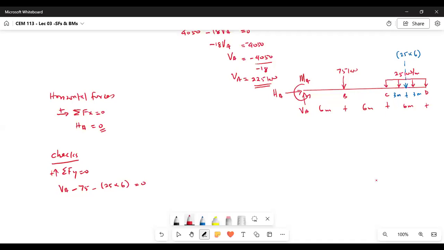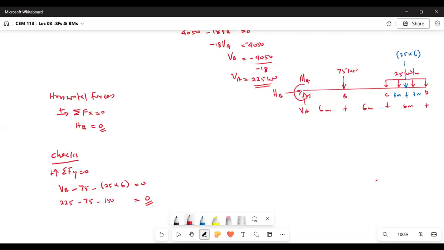That's all. Should give us 0. So that 225 minus 75 minus 150. When we do this, we'll get 0.